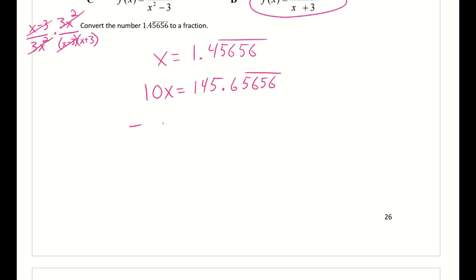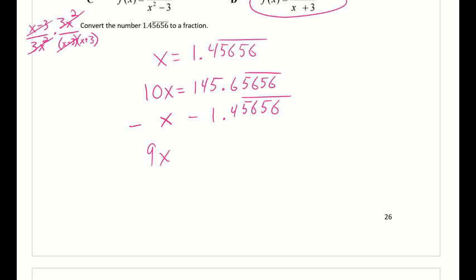Then we want to subtract our original number from both sides. We're going to subtract it in the form of x on the left and subtract it in the form of 1.4 and then 56 repeating on the right. It's the same number, just in different forms. So our left-hand side is going to be 9x.